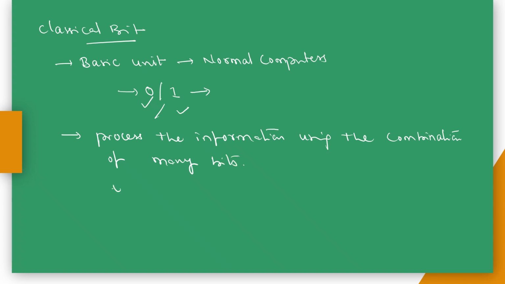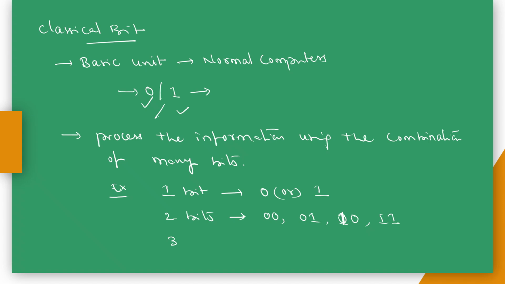For example, a single bit has two states, 0 or 1. Similarly, if we have two bits, we have four possible states: 0 0, 0 1, 1 0 or 1 1.